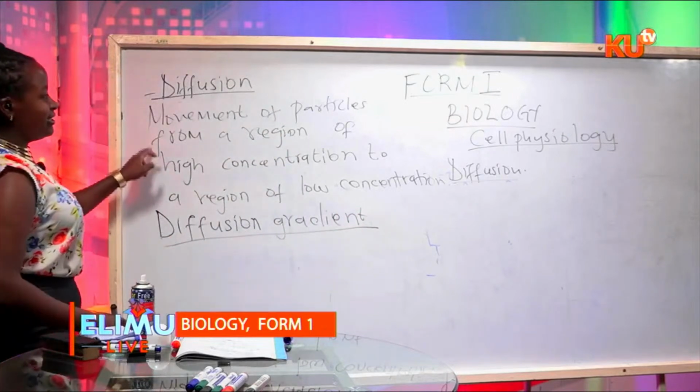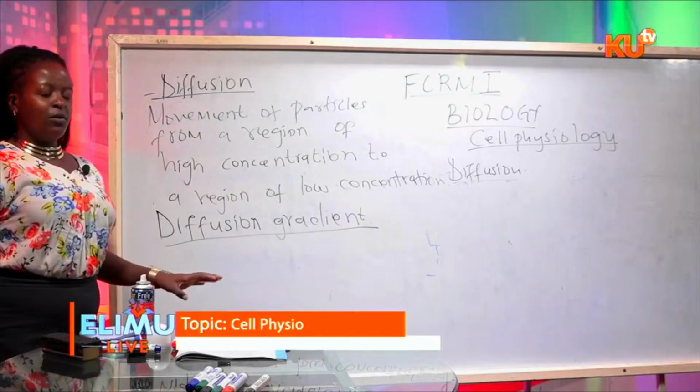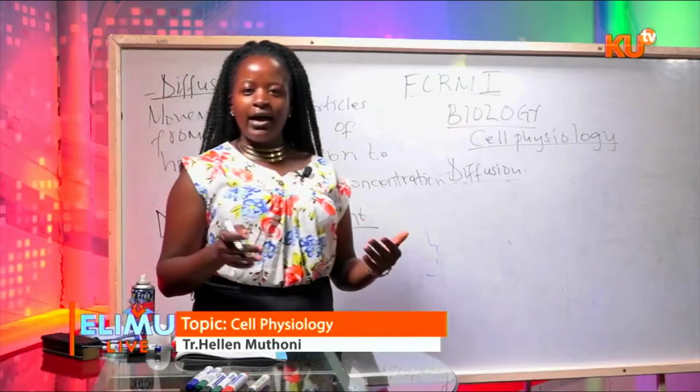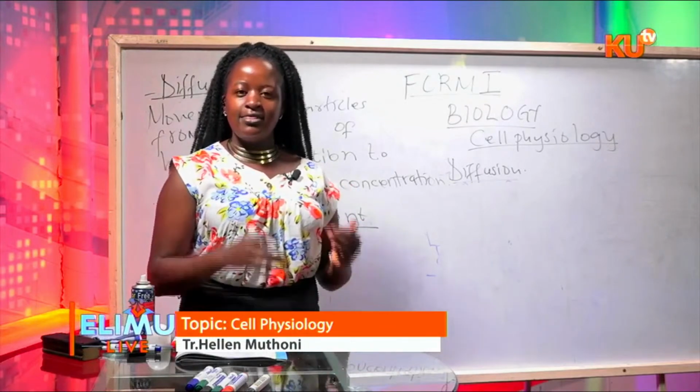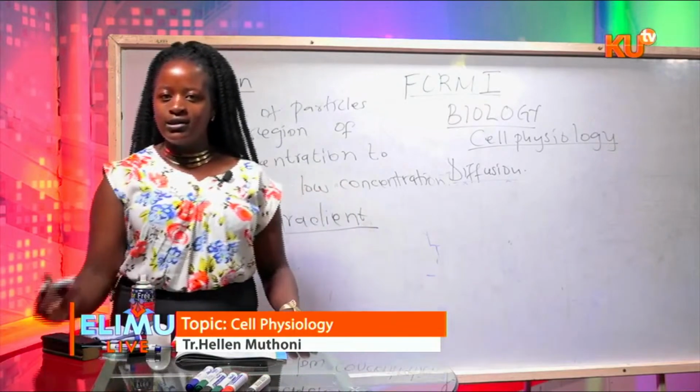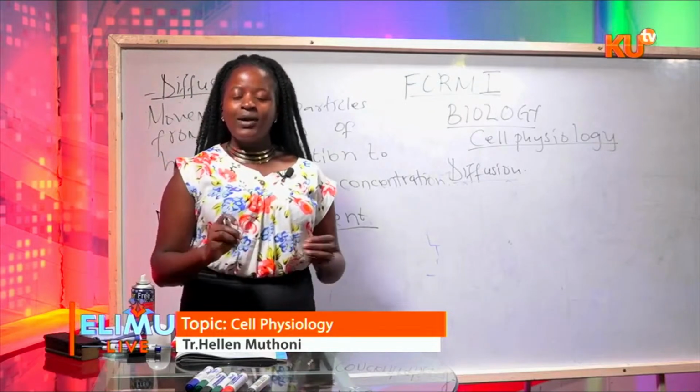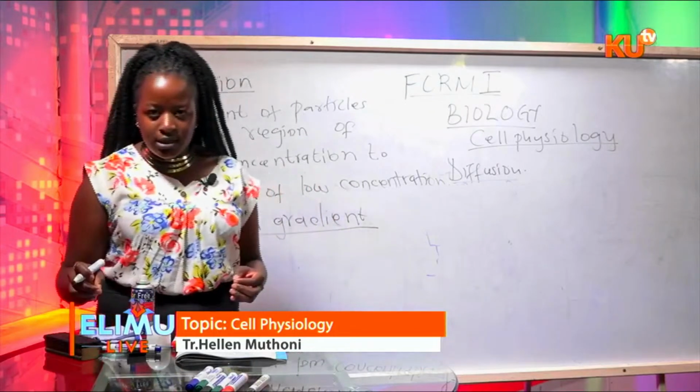From this definition, we find that we have two regions: the region of high concentration and the region of low concentration. When we talk about concentration, we are talking about the amount.